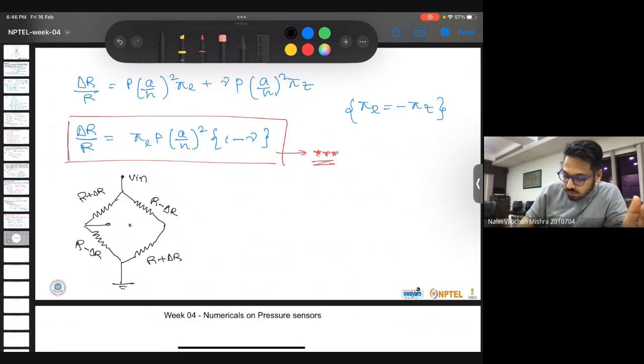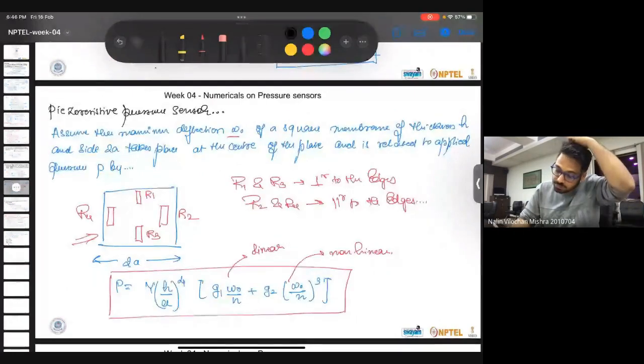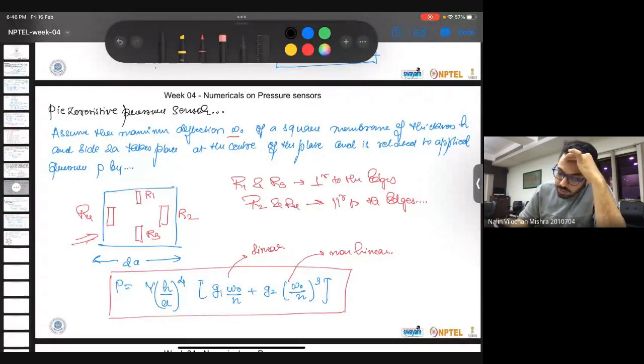So in the middle we can calculate the output voltage. Here you can also note that these four resistances R1, R2, R3, R4, the way they are placed, so that when we apply a force and this diaphragm deflects by omega, there is a change in resistances.